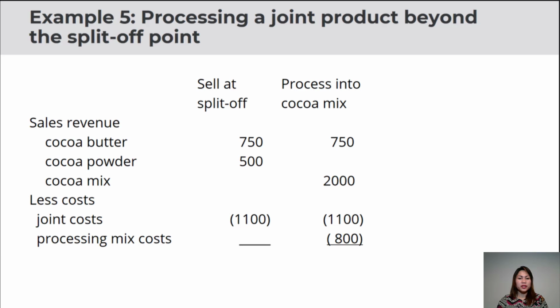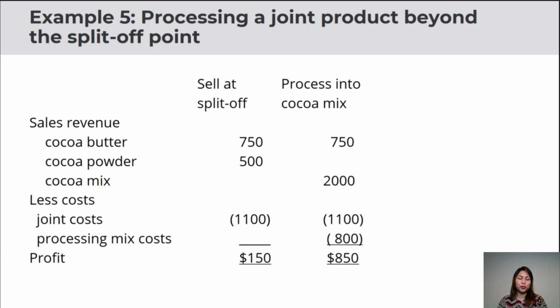So the profit for these two alternative options: if you want to sell at the split-off point, your sales will be 750 plus 500 minus the joint cost 1100. So the profit for phase 1 production is 150.